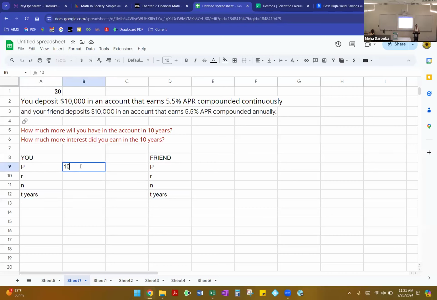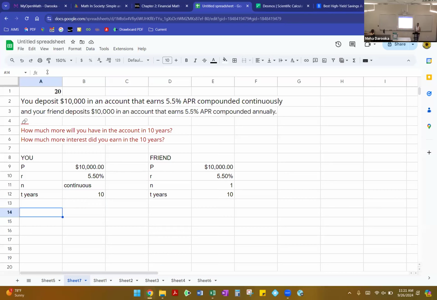Our account is compounded continuously, so I'll just say continuous here. The friend is compounded annually, so N would be 1. And they're doing this over 10 years of time. That should give us all the basic information.